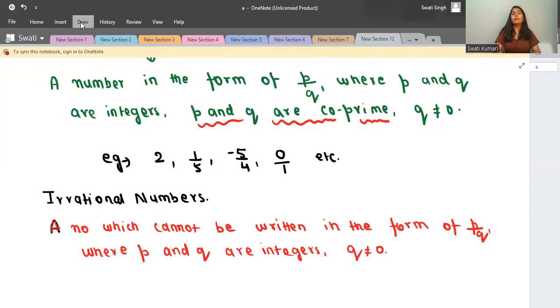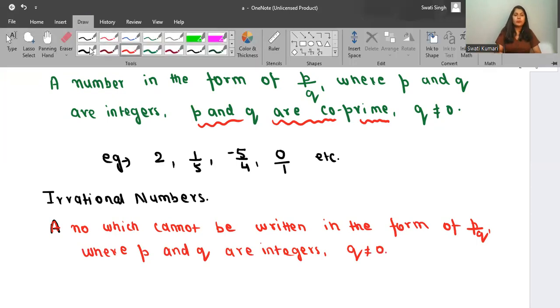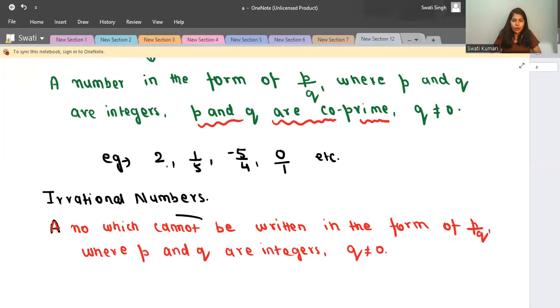So what is the most important thing here? The most important thing is "cannot be". This is what differentiates the definition of rational from irrational numbers. So yes, this is the definition of an irrational number.